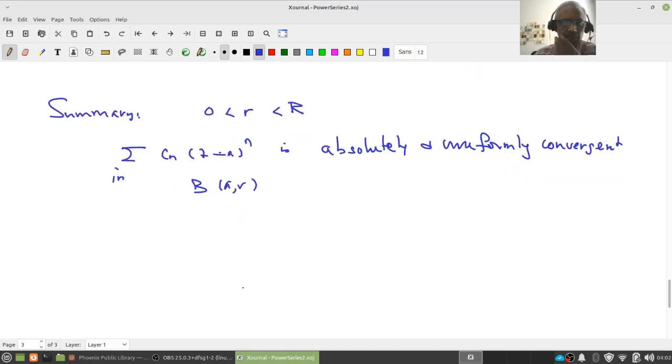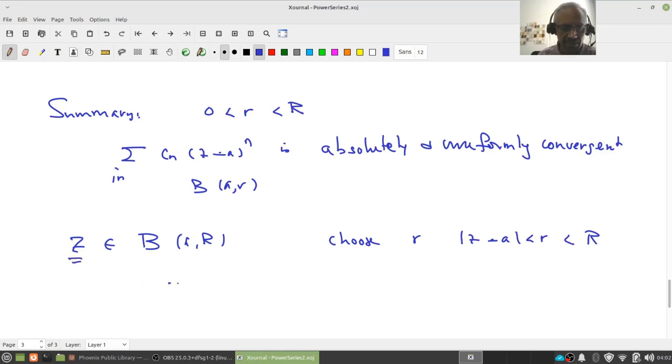What have we shown? This is a summary, but what we did was start with z in the disk of radius capital R, and therefore choose an r so that mod z minus a is less than r, and that is less than capital R. You understand? Therefore, in particular, for every z here, Cn (z minus a) to the power n is convergent.